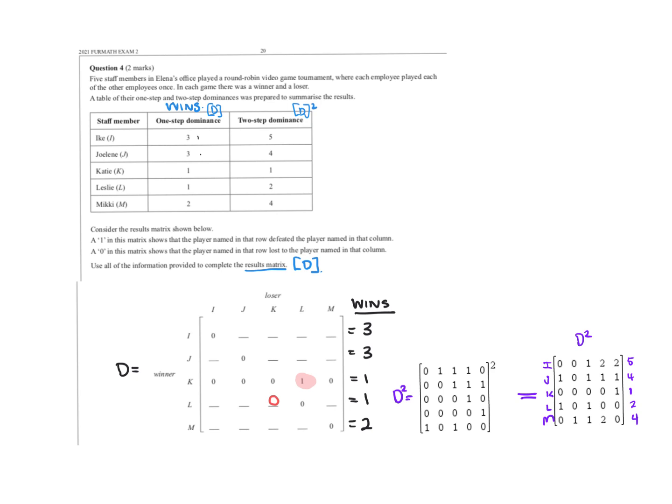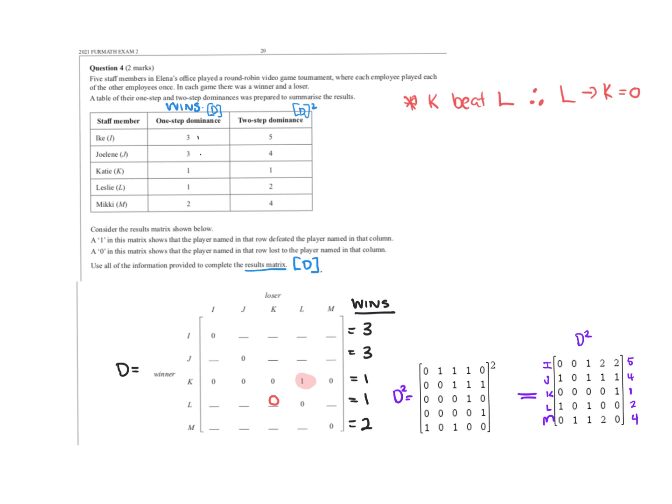That one we know. I'm just going to write up here in red, K beat L. Therefore, we wrote L to K needed to be equal to 0. So we've done that one, and I can fill that one in.